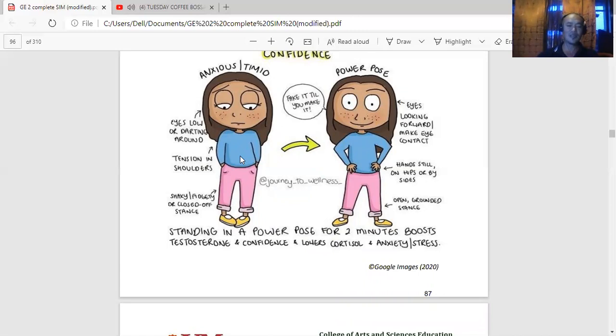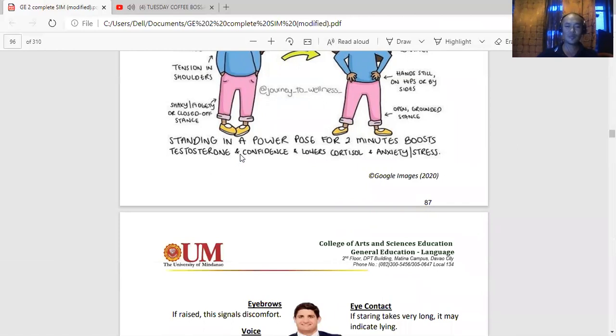Okay, so standing in a power pose for 2 minutes boosts testosterone and confidence and lowers cortisol, anxiety and stress. So too bad, because we can't have reporting like what we do in class.